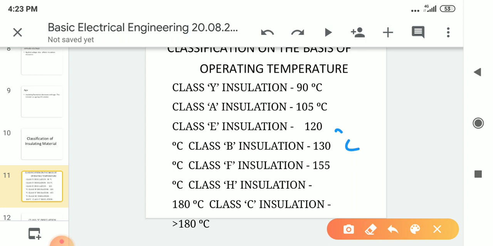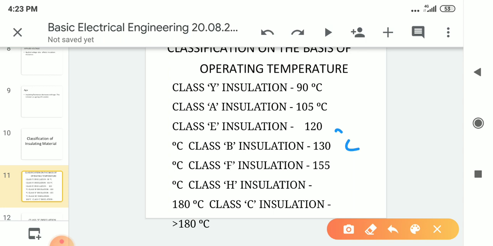Because in a kettle or electrical iron, the temperature is raised up to 130 degrees centigrade. That's why we have to use asbestos as a base substance for insulation. There we do not use any silk or cotton or paper as insulation material. Okay? In kettle or electric iron we use asbestos. So depending upon the application we have to select the material.